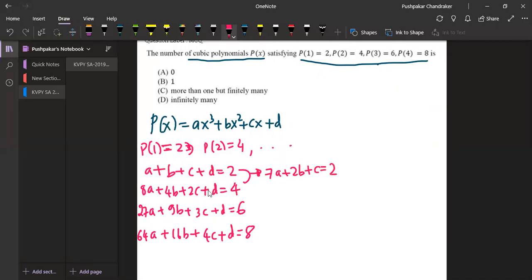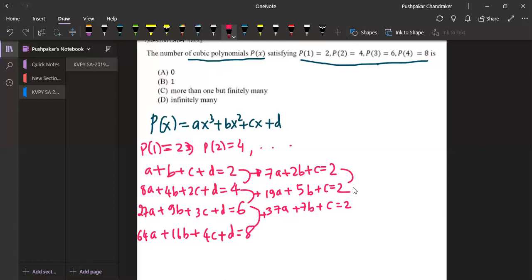Subtract both of these equations, larger minus smaller. You get 19A plus 5B plus C equals 2. Subtract these two also. You get 37A plus 7B plus C equals 2.